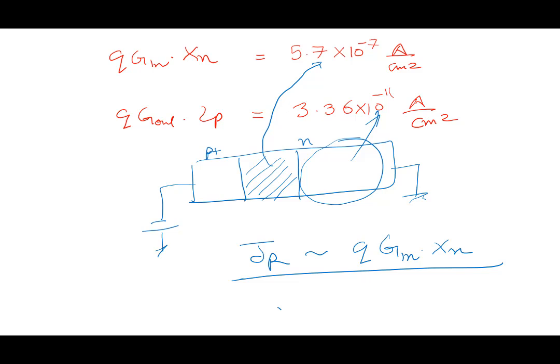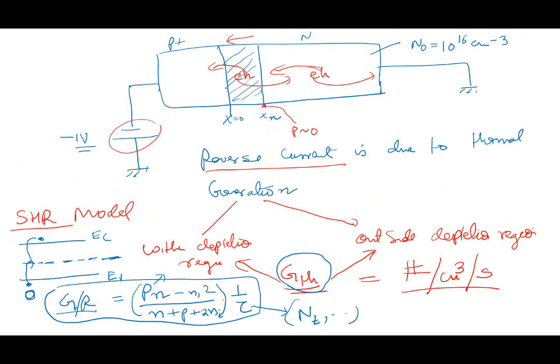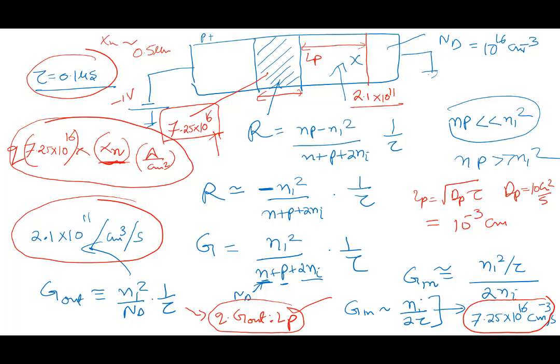Right, so the first important point to keep in mind is the net generation rate is not the same everywhere, it varies. This is the equation that we are using to understand this, and the generation rate boils down to basically this equation here.